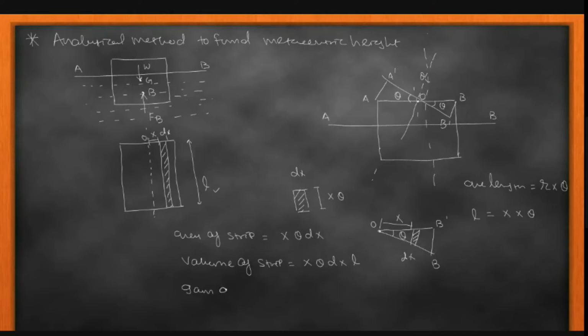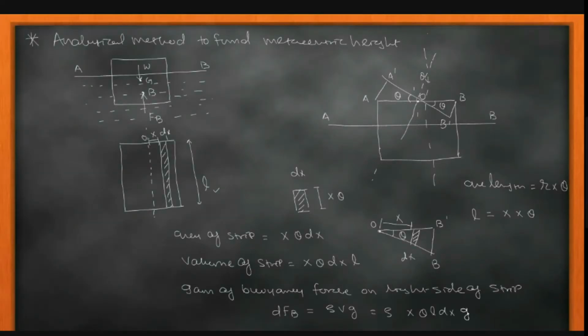So the gain of the buoyancy force due to the right hand side or the displacement of an elementary strip, indicated by a small value, is dFB, and buoyancy force equals rho into V into g. So rho is the density of the fluid, the volume of the strip is x theta L into dx, and g is a constant. So this is the buoyancy force gained in OBB dash.